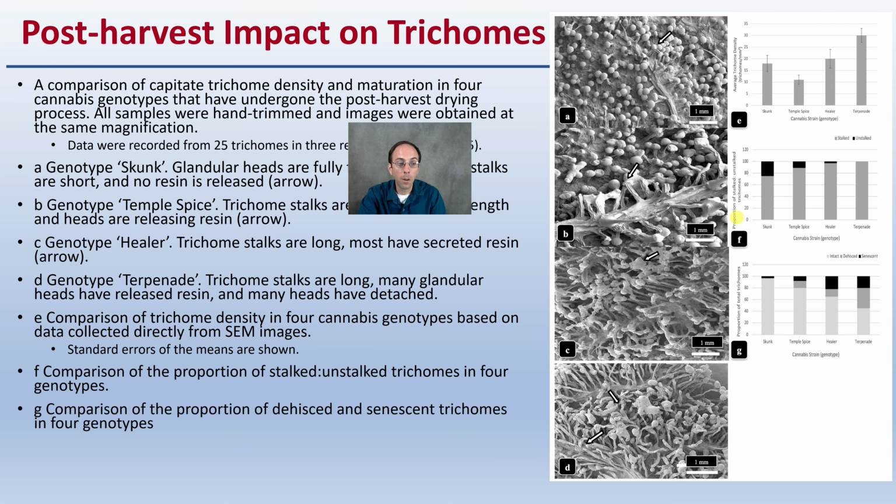F is looking at the comparison of the proportion of the stalked versus unstalked trichomes in the 4 genotypes. Looking at the different colorations here, the stalked representing the gray and the unstalked representing the black coloration. And then lastly, a comparison of the proportion of the desiccated and senescent trichomes in the 4 genotypes.